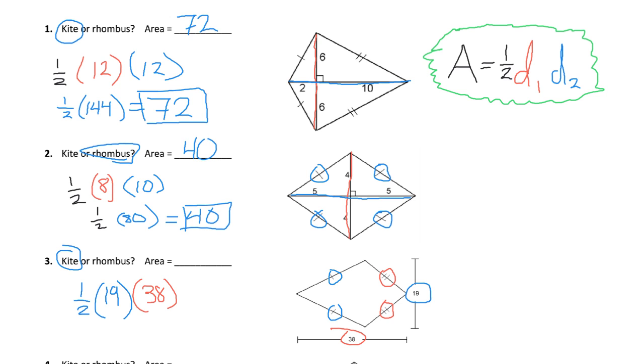So we'll multiply 19 times 38. I'm using the calculator for some support on this one. And that's going to be 1/2 times 722. Now, if we divide that 722 in half, it's going to give us 361. So our answer here would be 361. And there is our work on areas of kites and rhombi.